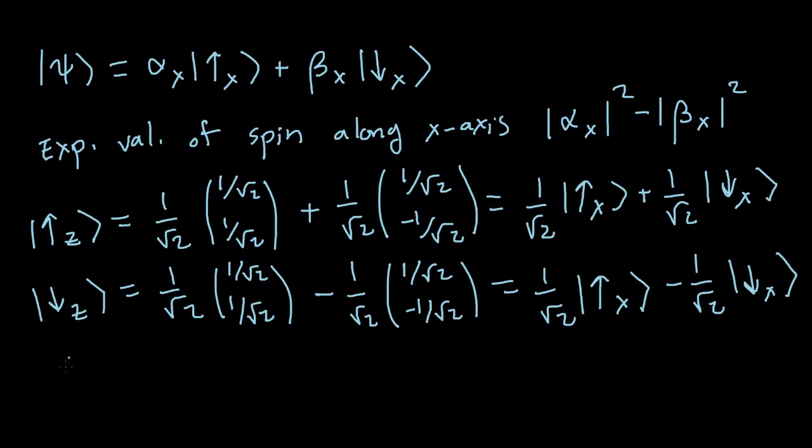Likewise, let's do the same thing for the y direction, just to be fair to the good old y direction. So the spin up state in the z direction is equal to, let's make sure I get this right.